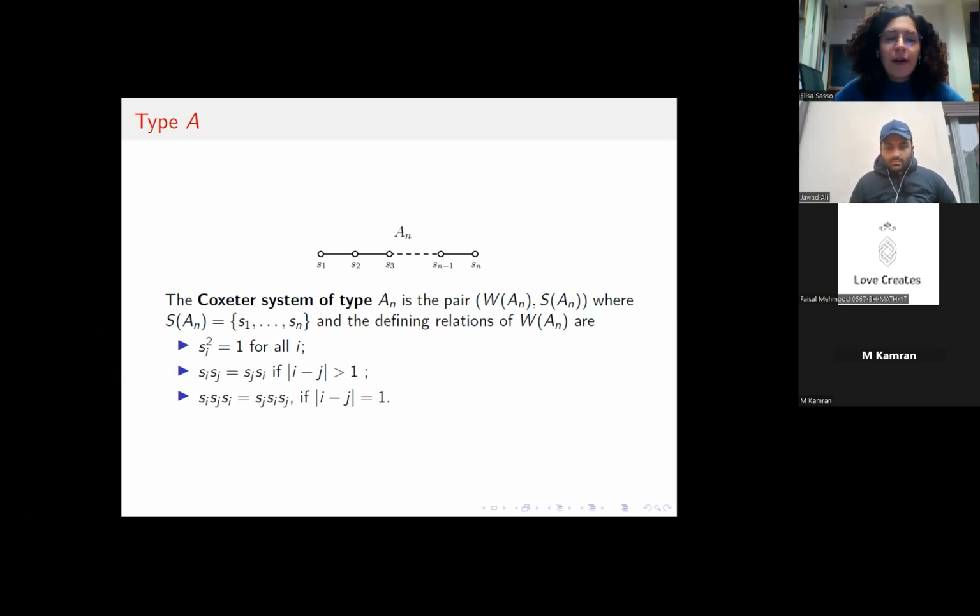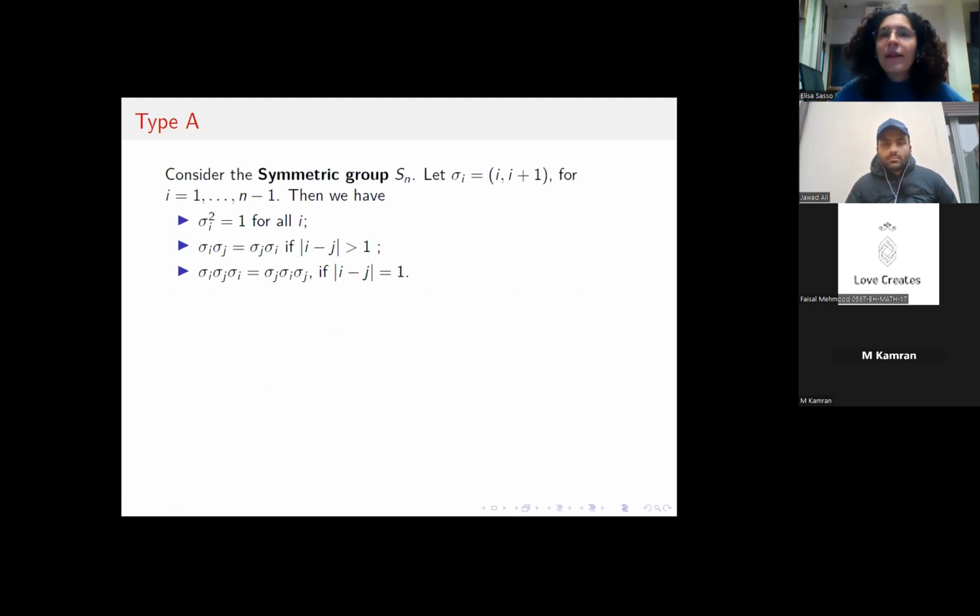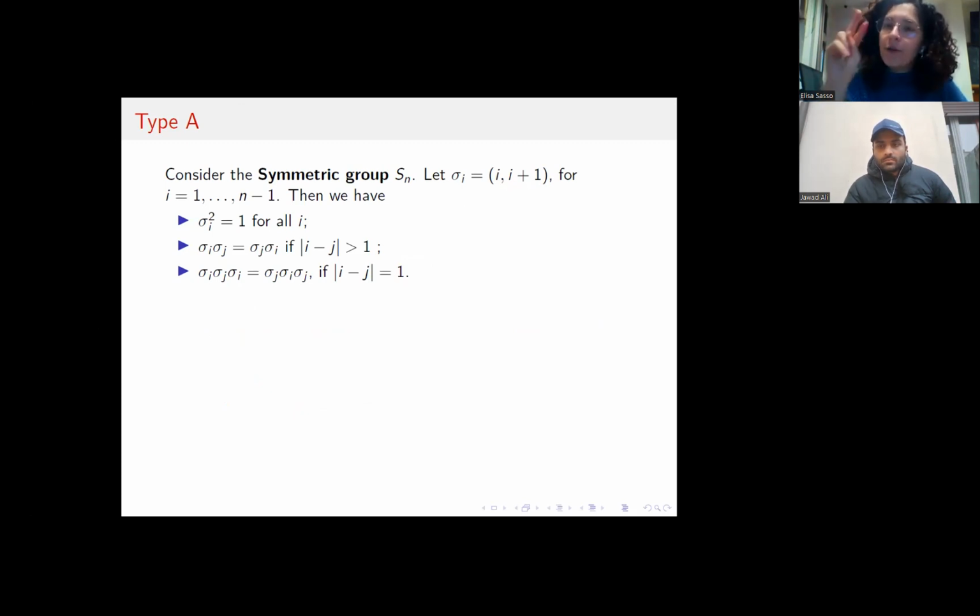So before I told you that you have already seen that, and why? Now consider the symmetric group. I think you're familiar with the symmetric group. It is the group of all the permutations of n elements. And consider the simple transpositions sigma i, which is the transposition (i, i+1) that exchanges two adjacent natural numbers.